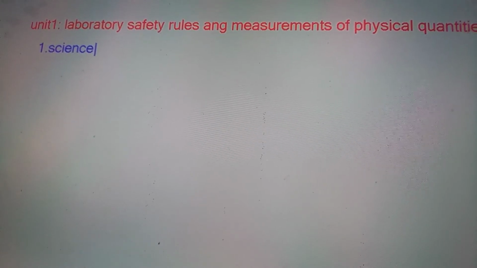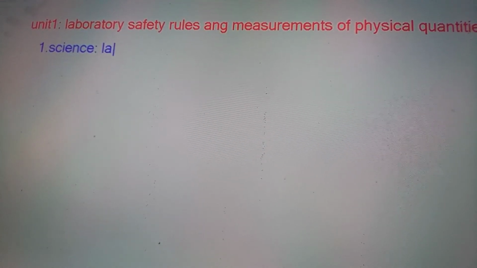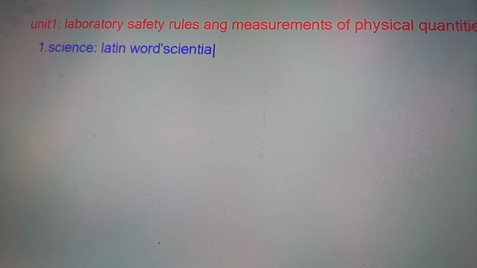We have seen that the word science comes from a Latin word, which is scientia.